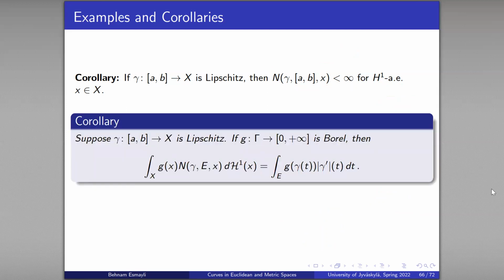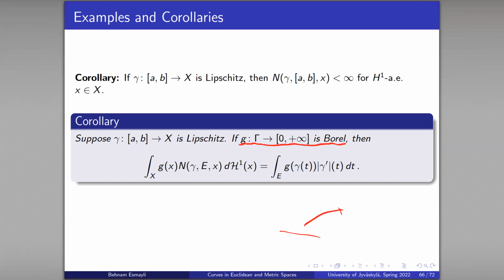Another corollary of the previous theorem is that there you didn't have this G, which means you had G equal to just 1. And it's a very standard trick that if you prove something similar for the constant functions, then you can have finite summation of constant functions, and from that, you can extend to all, say, measurable functions. But here, just to be safe with the integrability and measurability, we take G to be a Borel function defined on the image of the curve.